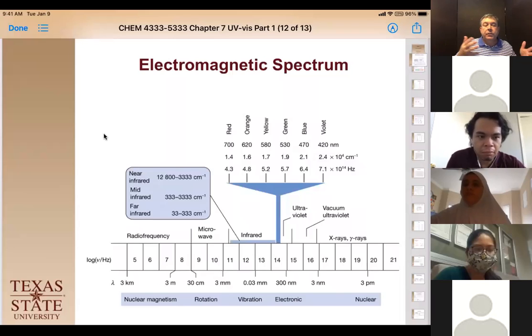Then we switched over to the radio frequency band. And in the radio frequency band, we saw that we could take spins of the nuclei aligned in a magnetic field and knock them out of their relaxed state into an excited state. And then we could get additional information about those nuclei and how shielded or unshielded they were by electrons around them. And we could get an idea of position and location and connection.